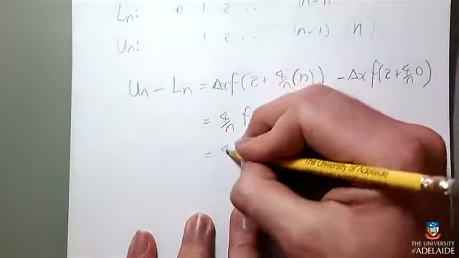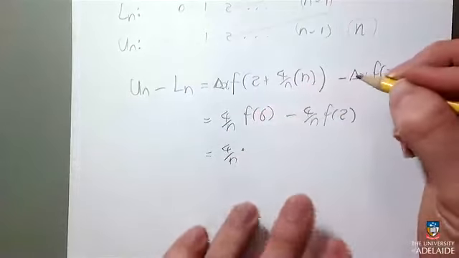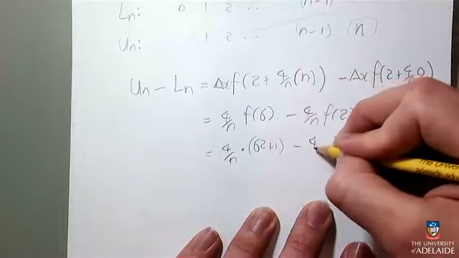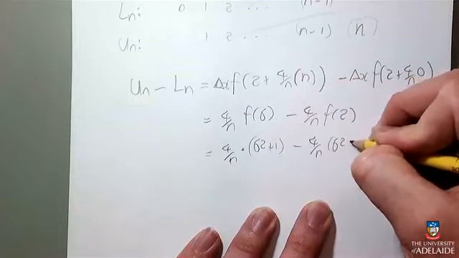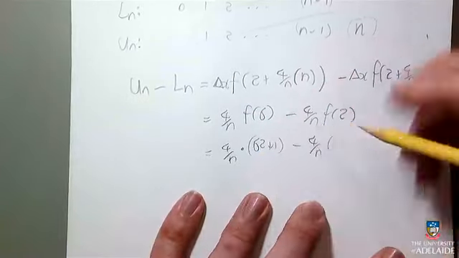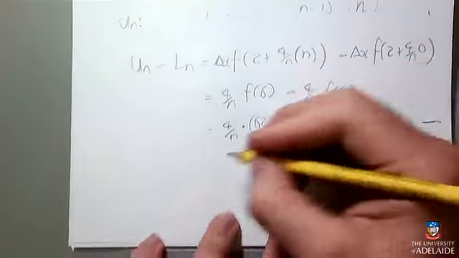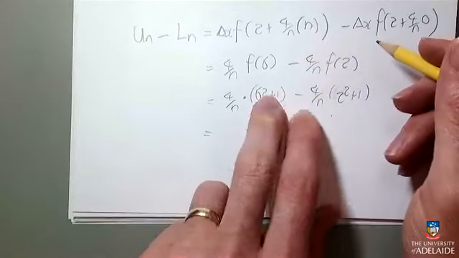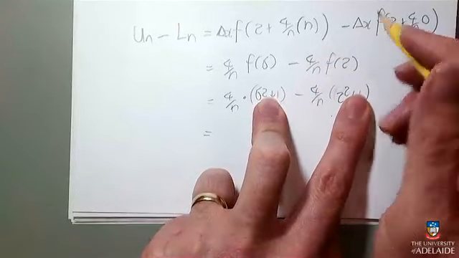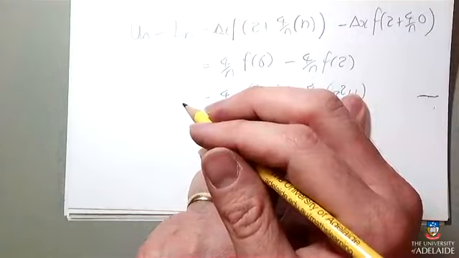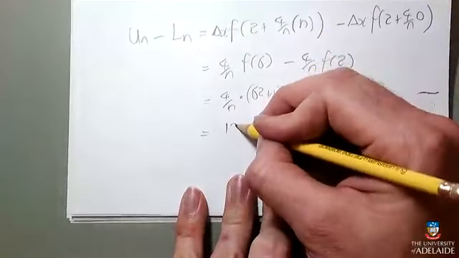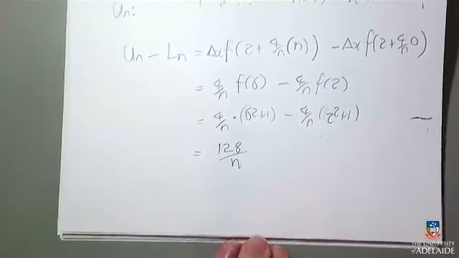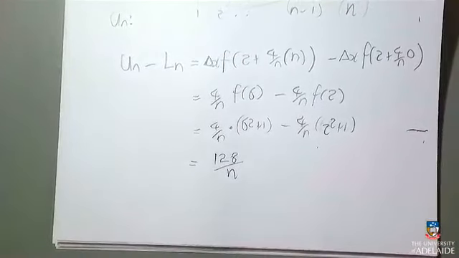Which is 4 on n. Now, 6 squared plus 1, minus 2 squared plus 1. So what's that? 37 minus 5 is 32. 32 times 4 would be 128. So that's how far apart the Un and the Ln are.